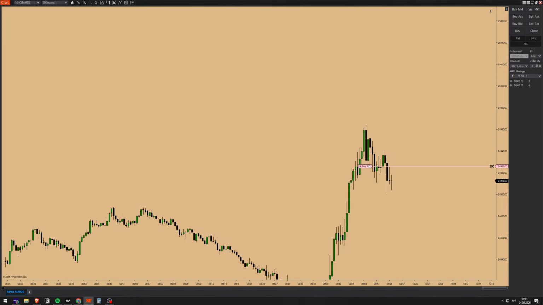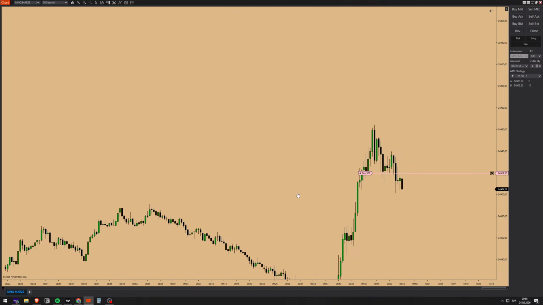If I see that candlestick is closing, I will move this entry to here. Yes, it is closed.